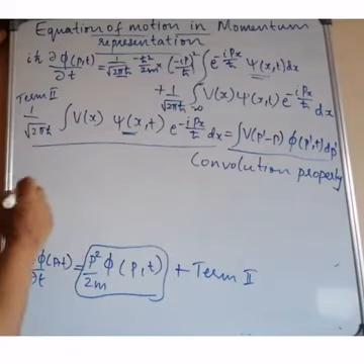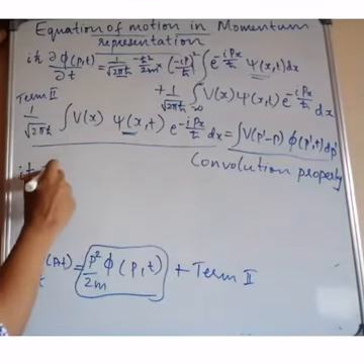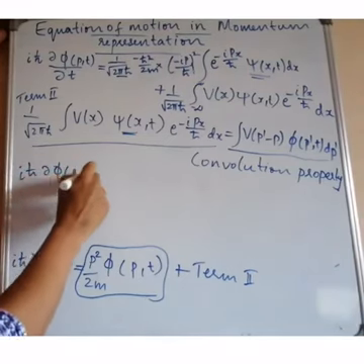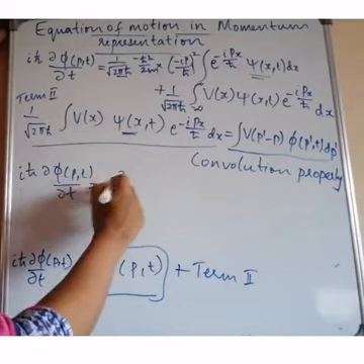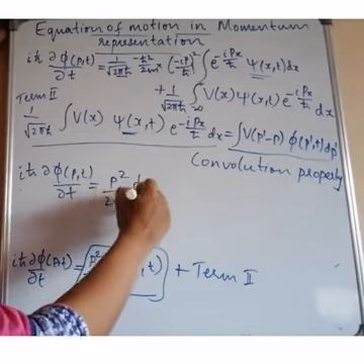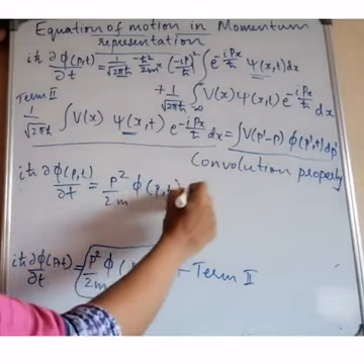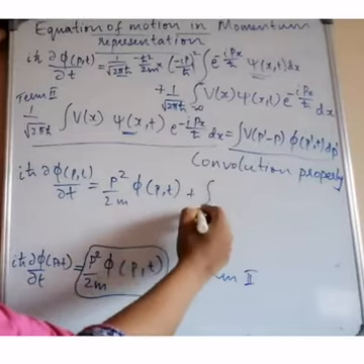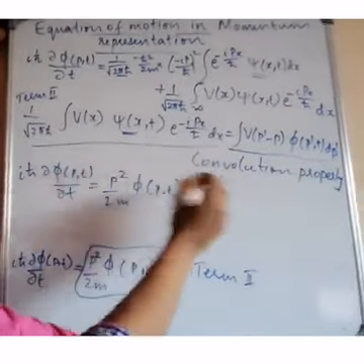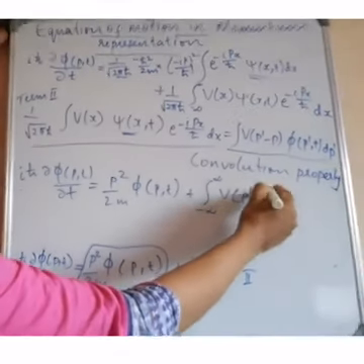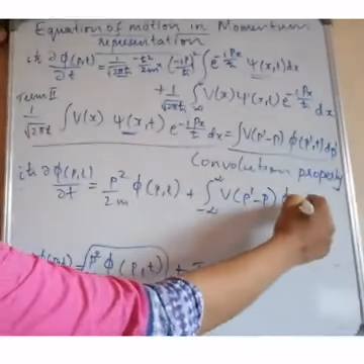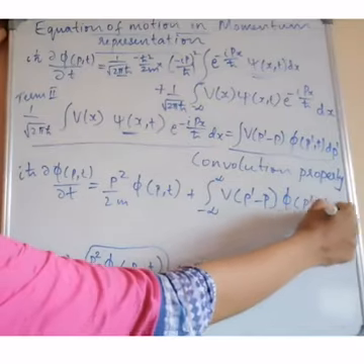So now I have i h cut dou phi of p comma t by dou t is equal to, first term is p square by 2m phi of p comma t plus integral minus infinity to plus infinity v of p prime minus p phi of p prime comma t dp prime.